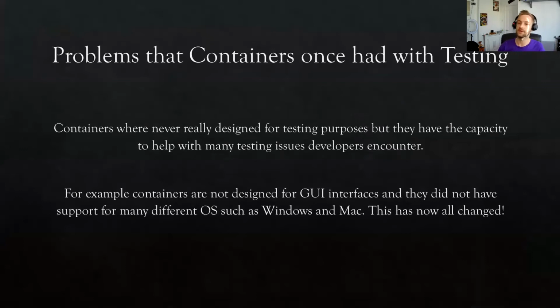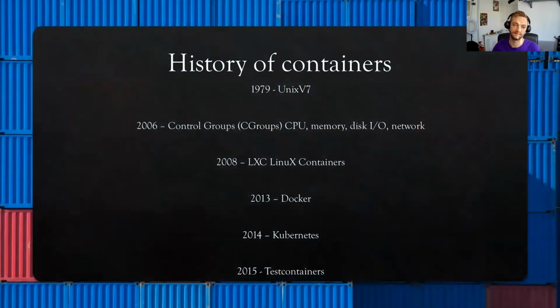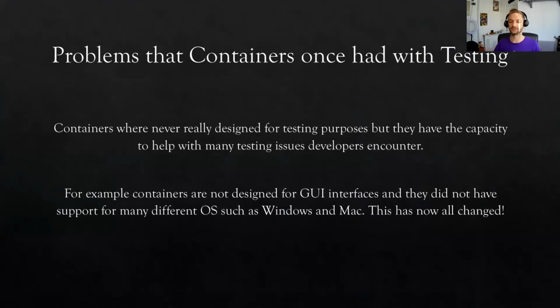So the problem is, at the beginning, containers had some issues. As you can see, Testcontainers came out about 2 years after Docker, when containers really got popular. Containers weren't really designed for testing purposes, but they do have the capacity to help in many ways.